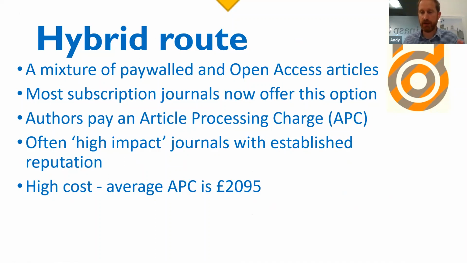So within their mostly paywalled, mostly subscription content, you may find in some journals that there are individual open access papers which you can go straight into and read. Most subscription journals actually offer this option now, and it means that the author has to pay an article processing charge or an APC. And unfortunately, this is quite expensive. It can be thousands of pounds, and the average cost is over £2,000.